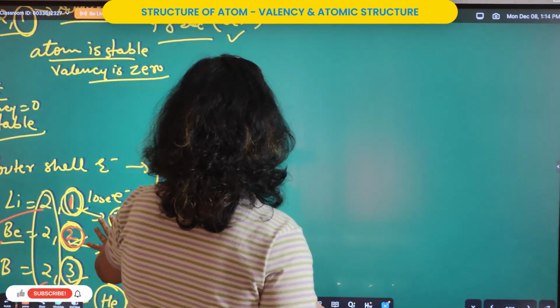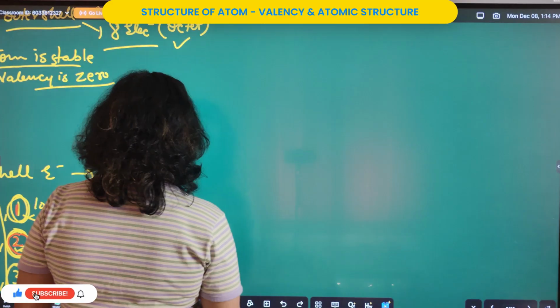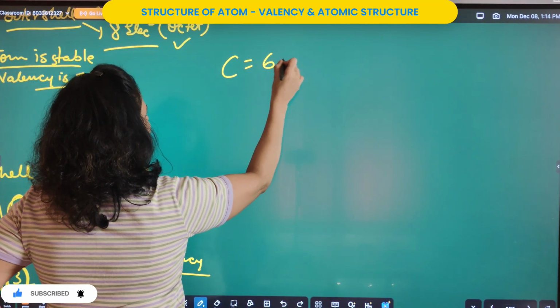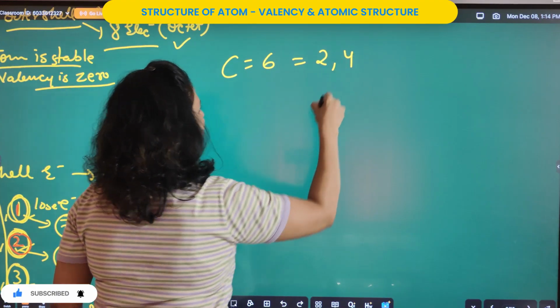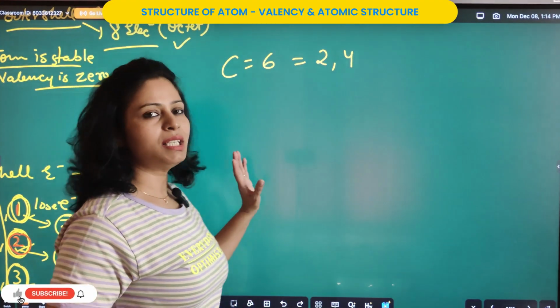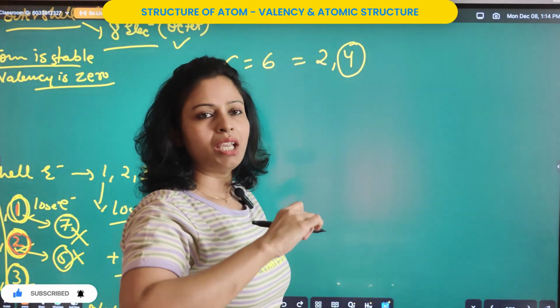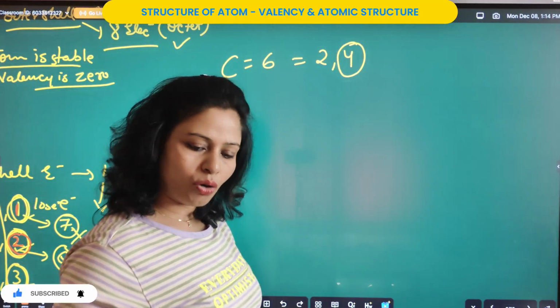Now if you see carbon, atomic number is 6, its electronic configuration will be 2, 4. In carbon, there are exceptions where the outermost shell has 4 electrons, right? In carbon and in silicon also.